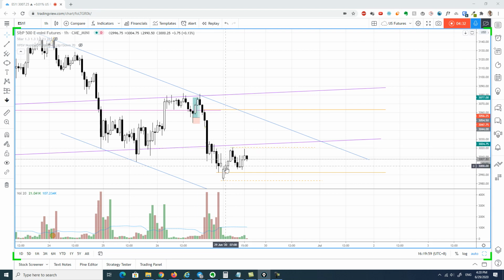This rally just wasn't able to make it at least to test this sell-off bar. So this is the sell-off bar that I refer to, and definitely we're lacking quality demand at the moment.